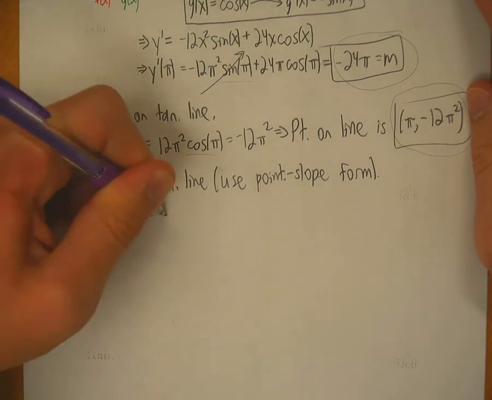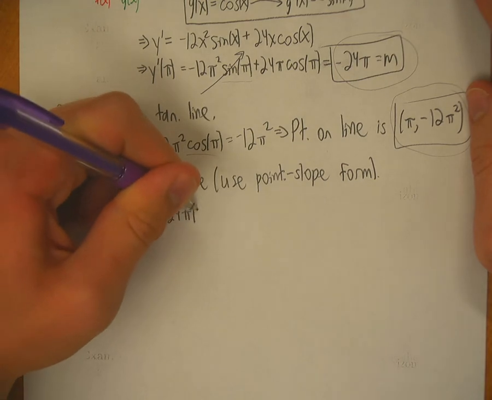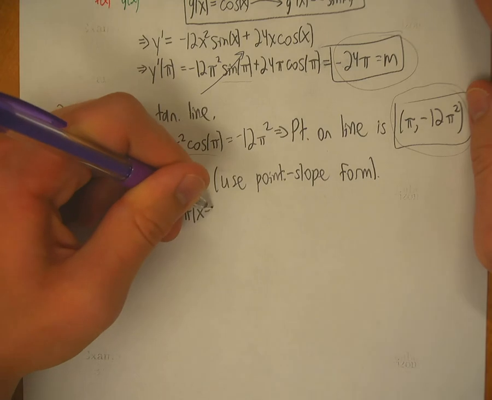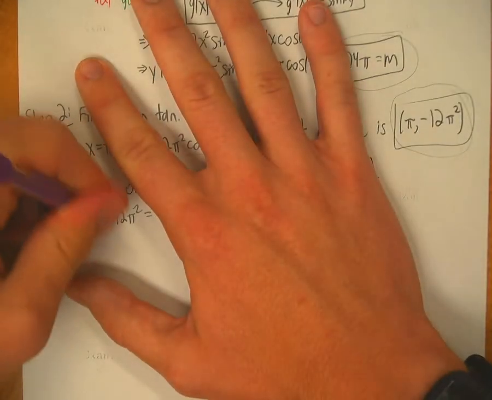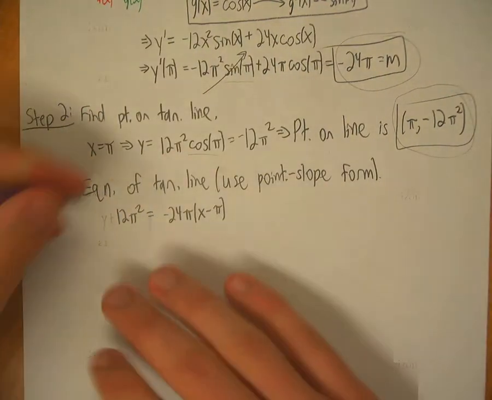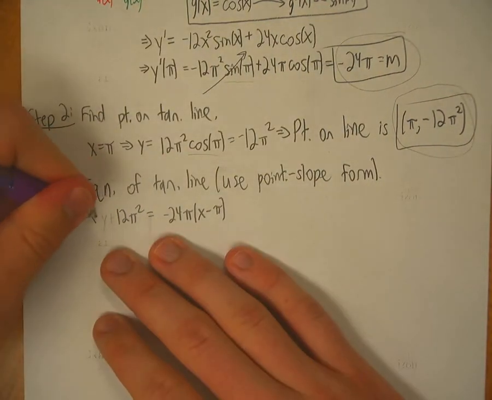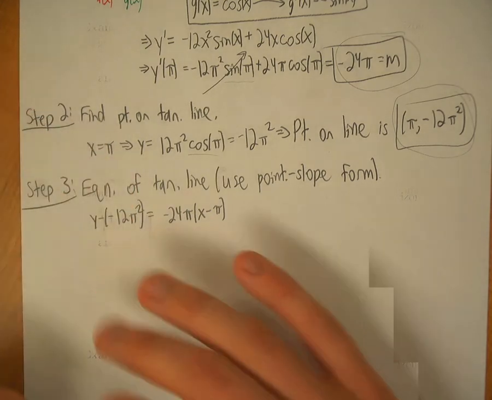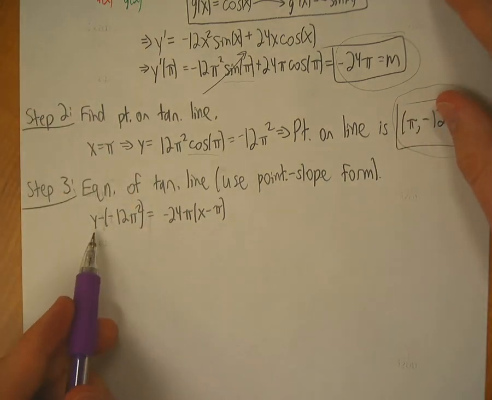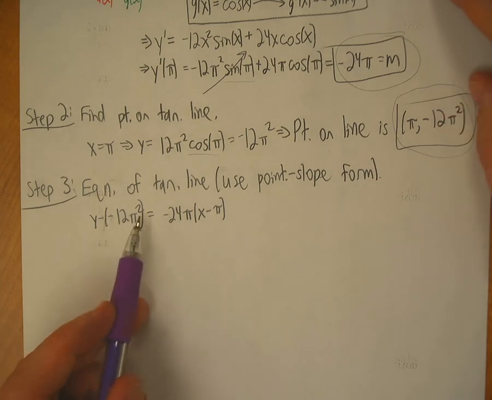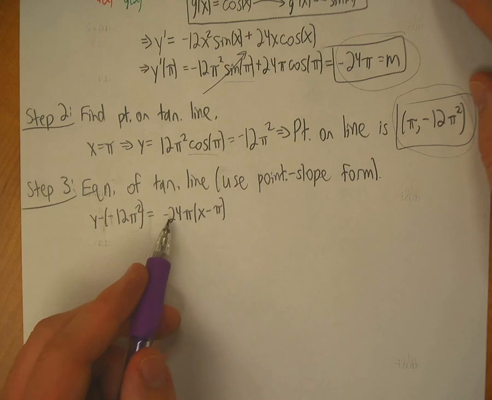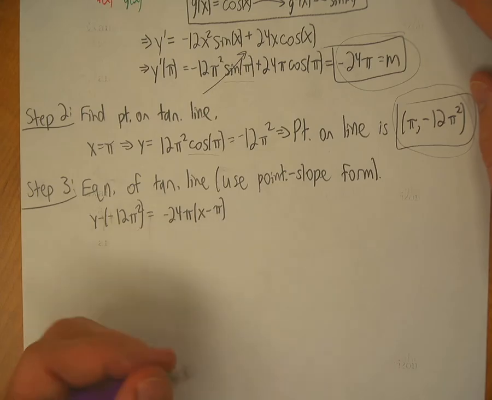The equation would be y plus 12 pi squared equals negative 24 pi multiplied by the quantity of x minus pi. Correct. Okay. So I'm just going to rewrite this a little bit. So we have y minus negative 12 pi squared. Because if you remember, this is just y minus the y coordinate of your given point equals the slope times x minus the given x coordinate.